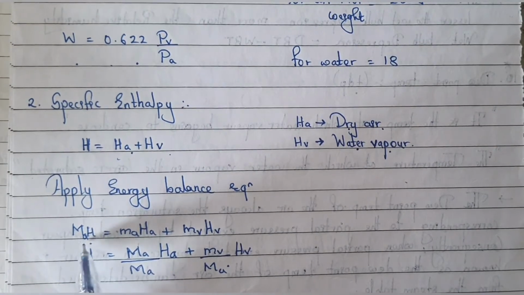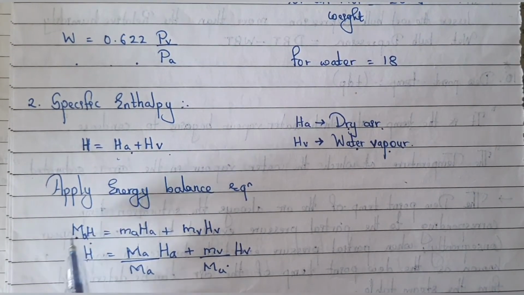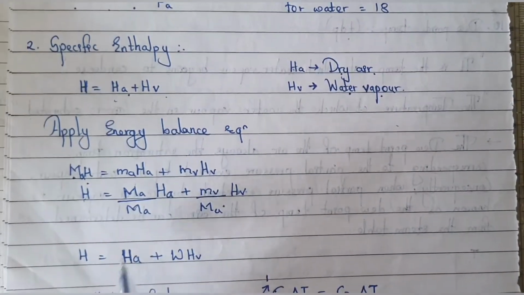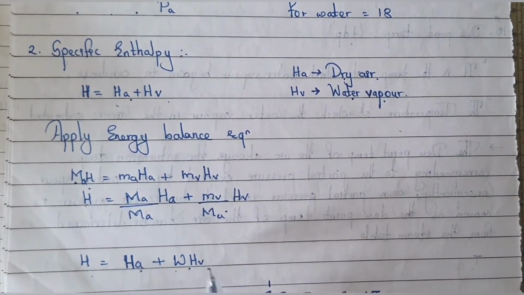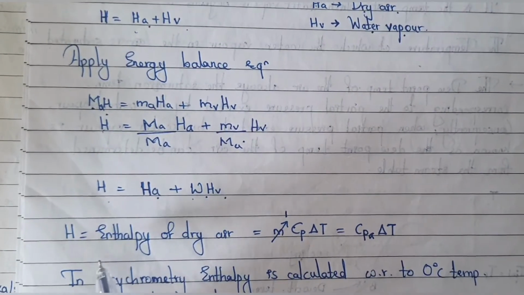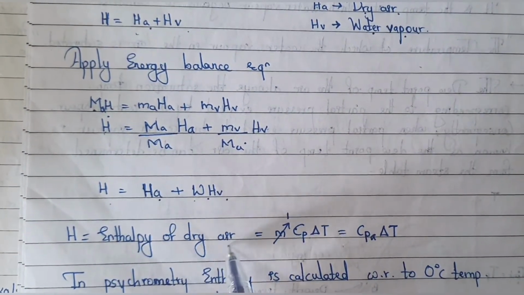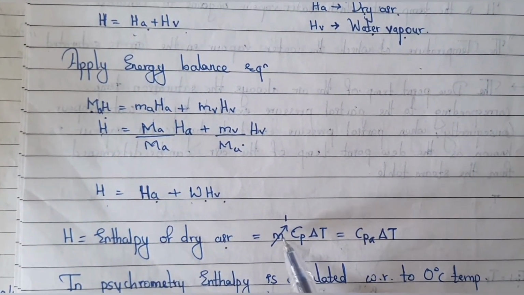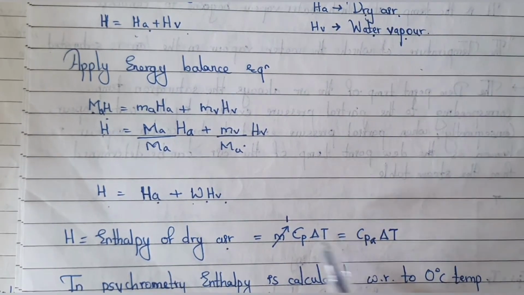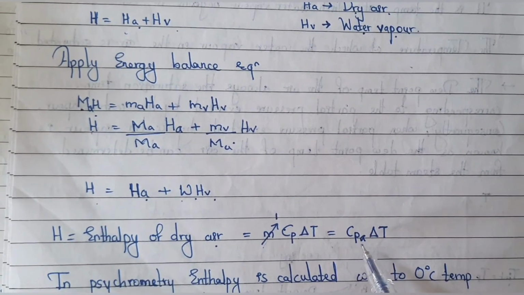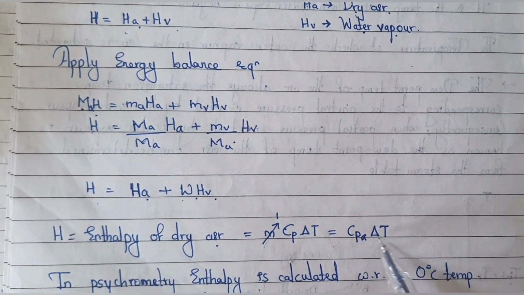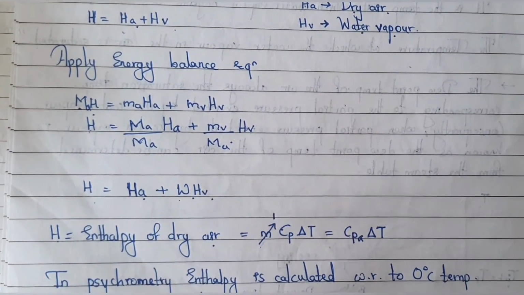Simply we have divided the complete equation by ma, and hence we get H is equal to Ha plus W Hv. Ha, the enthalpy of dry air, is equal to m Cp delta T. Here m is 1, and therefore Cp delta T is equal to H.